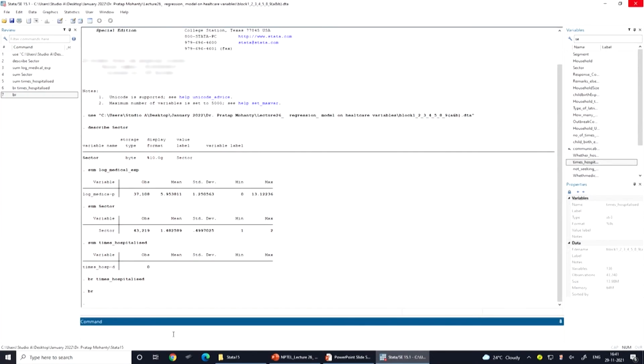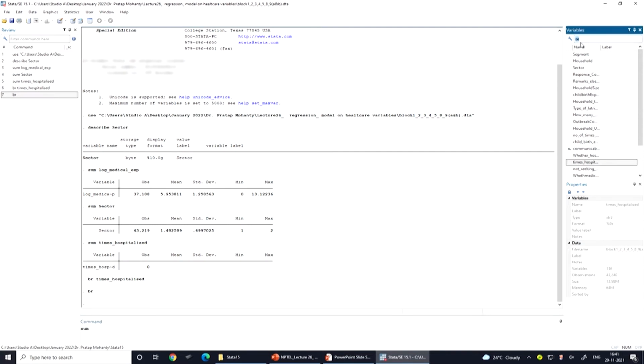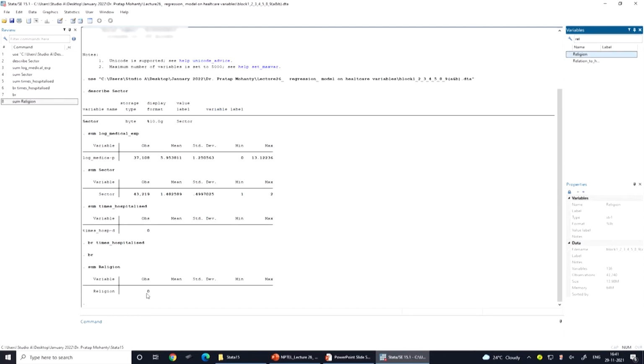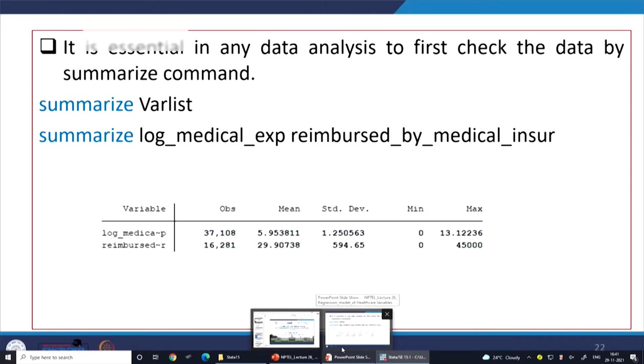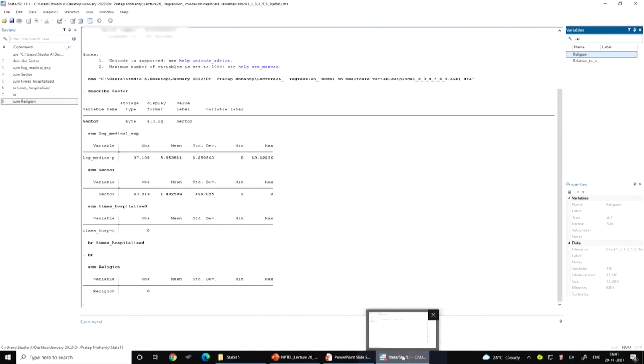Okay, now summarize religion. Now, this is going to give us 0 values, because this is a string value. If I destring it and run the same command, it will give me the right result. I can destring it quickly and then save it. I think I have already discussed that and we will also use it several times later.